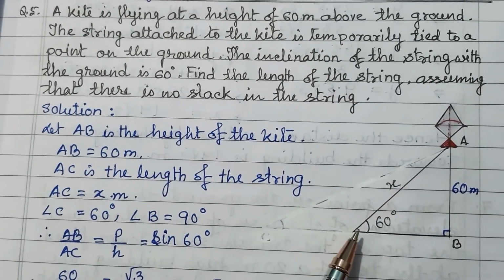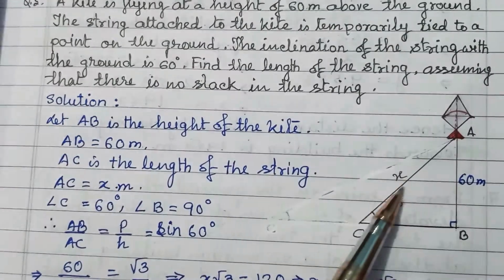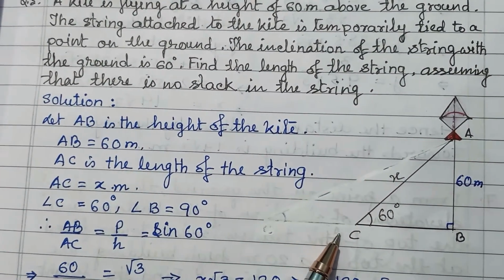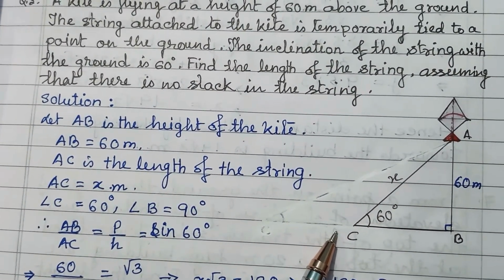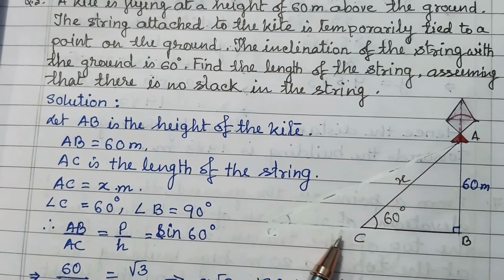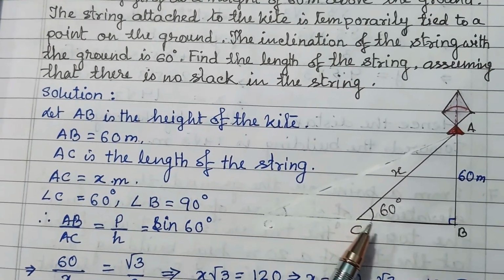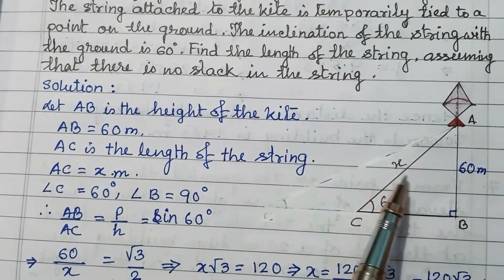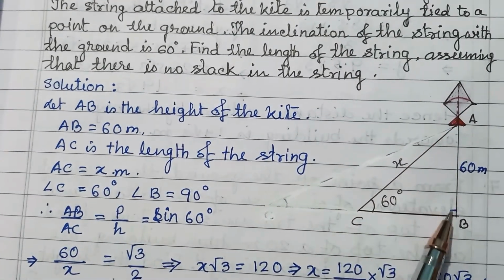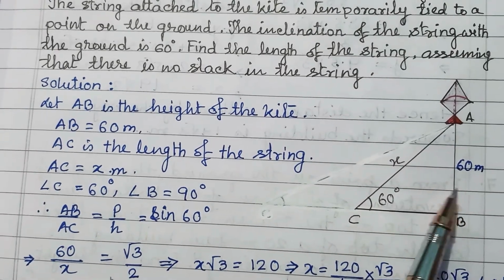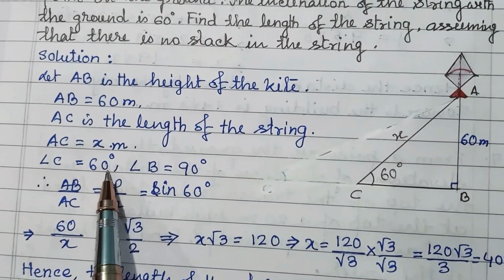Find the length of the string, assuming that there is no slack in the string. Angle B is 90 degree, C is 60 degree, the length of the string is x and the height of the kite is 60 meter as given.